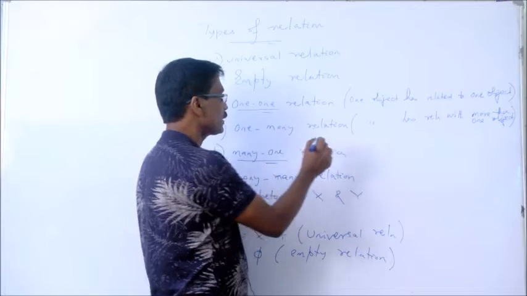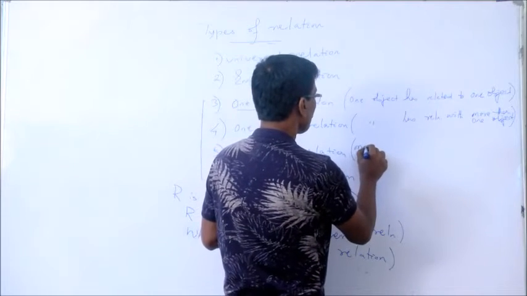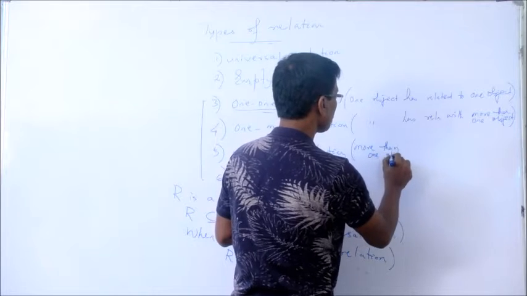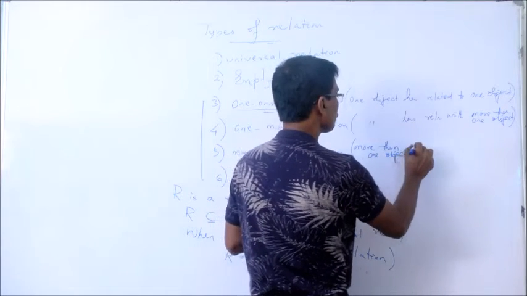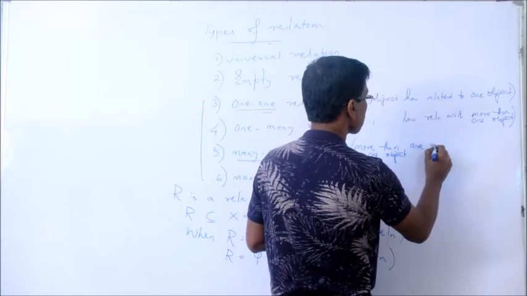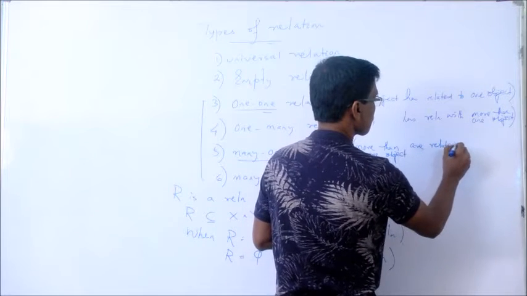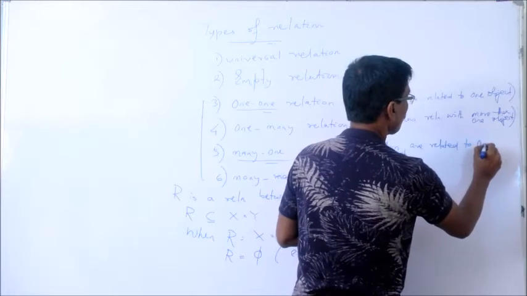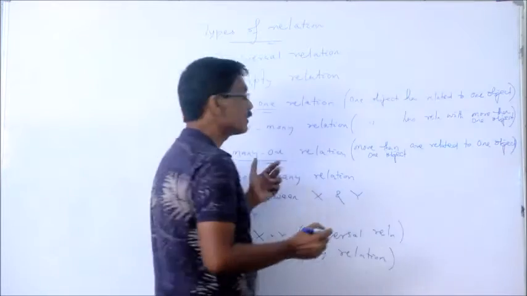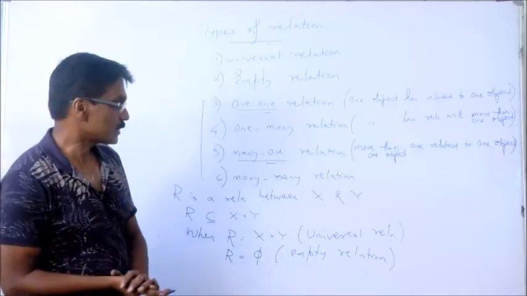Next, many-one relation, if more than one object are related to one object, it is called many-one relation.